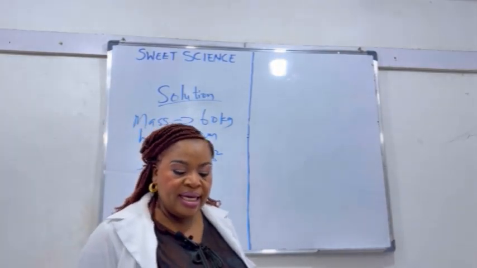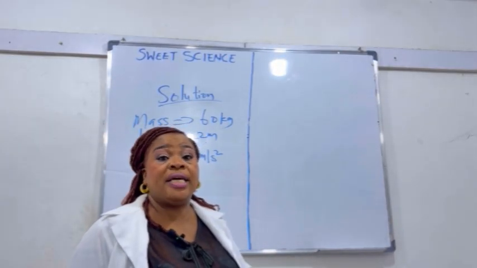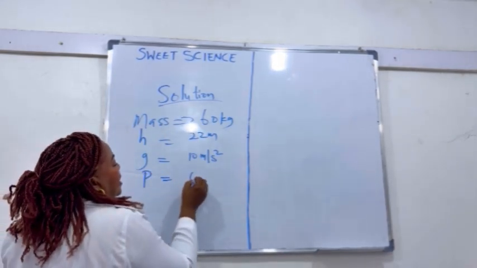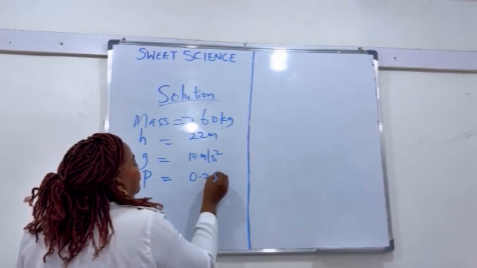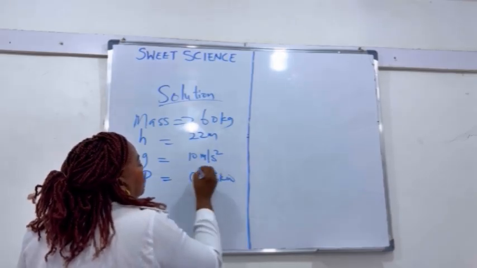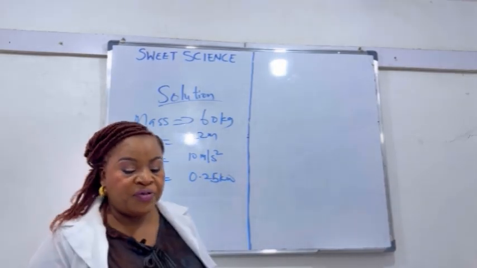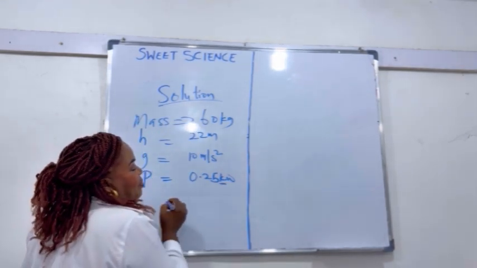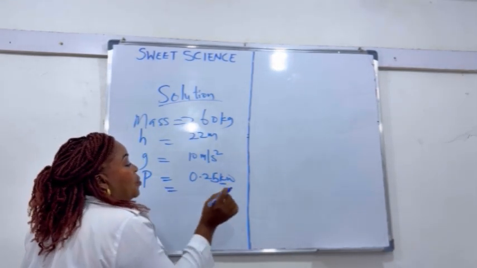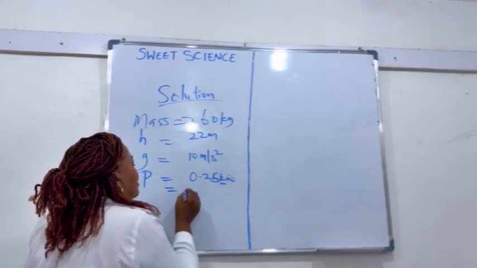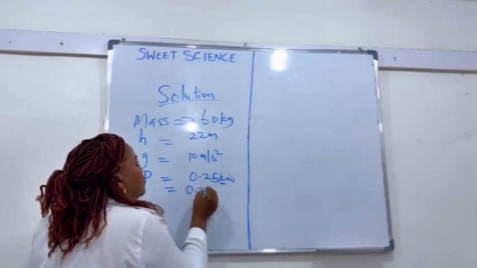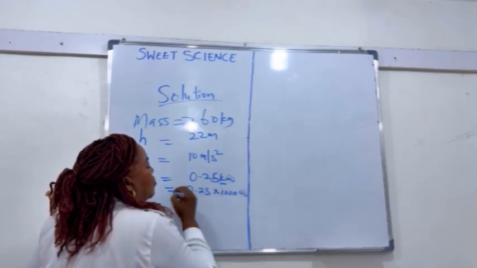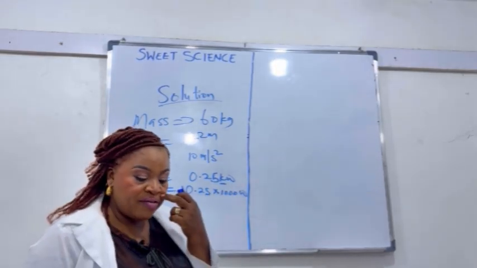Now the next thing is the energy expended, which is power. P, power, energy expended is 0.25 kilowatts. Now the kilo must be changed to 1000. Kilo stands for 1000. So this is 0.25 times 1000 watts. That is what we have.